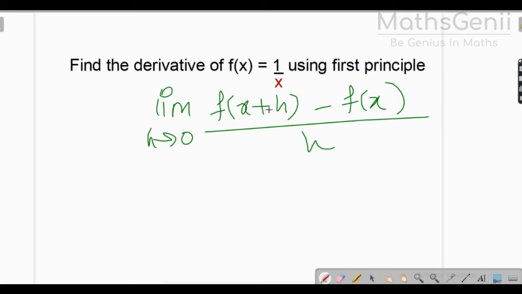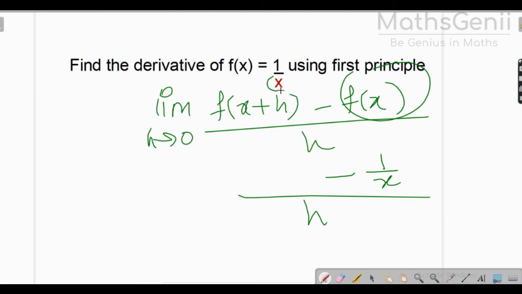As I always say, first write what you know. h is as it is because it's not mentioned here. Then f of x is given, so I'm writing f of x as it is. Now, what I told you is replace x with x plus h always. So, done. Your substitution is done.